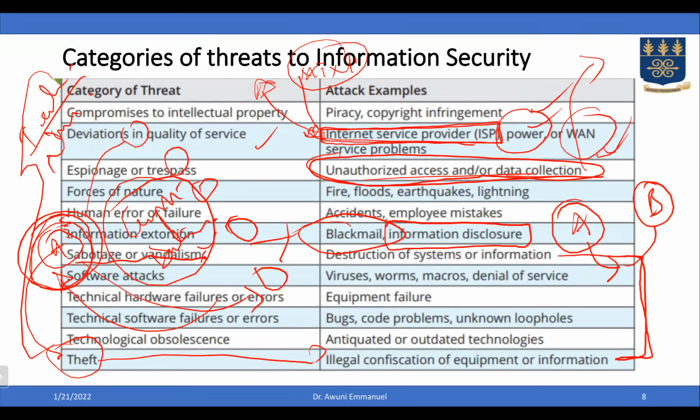So that is an example of cyber vandalism. With theft, he will just go and steal the device. Let me give an example. In 2018, when I came to Ghana to take up the University of Ghana appointment as a lecturer, I had a laptop. I left the laptop on my table, which was close to my sliding door.